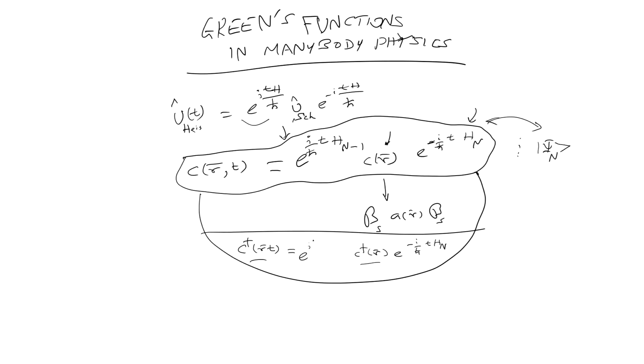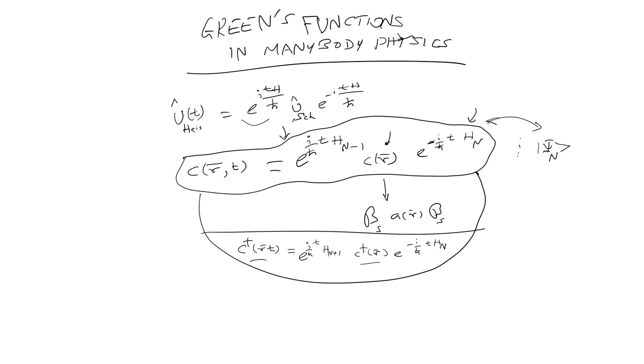So, you are going to be writing this. You are going to get one more particle. Okay, so this is the meaning of time evolution of creation and annihilation operators in many body physics.